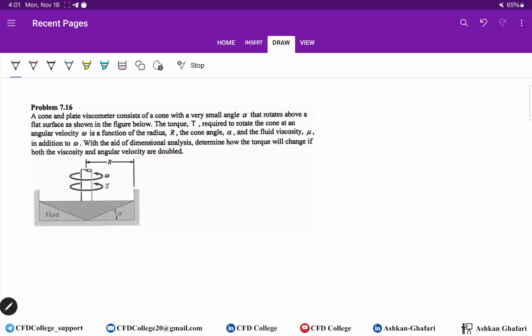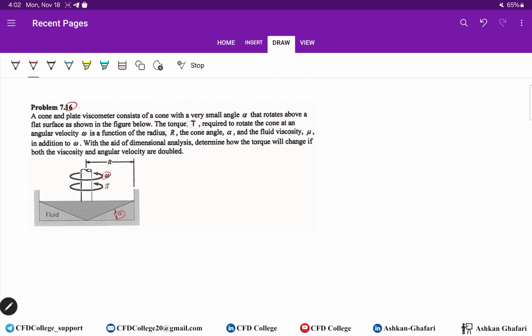Next, problem number 16. A cone and plate viscometer consists of a cone with a very small angle, alpha, that rotates above a flat surface, as shown in the figure below.